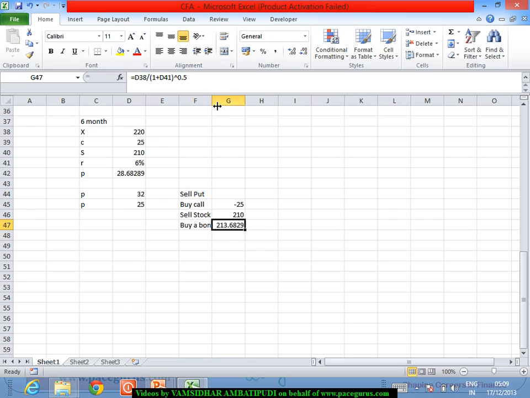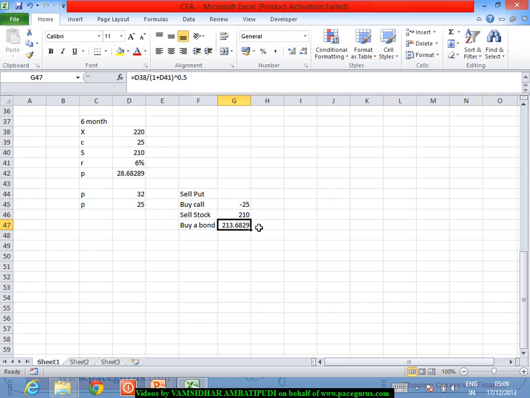So what is happening today? You just look at this position now. You have right now sold a stock. You got 210 bucks. With that 210 bucks, you have actually thought of buying a bond, which would be costing you 213 bucks, and you are also thinking of buying a call option which is worth 25.